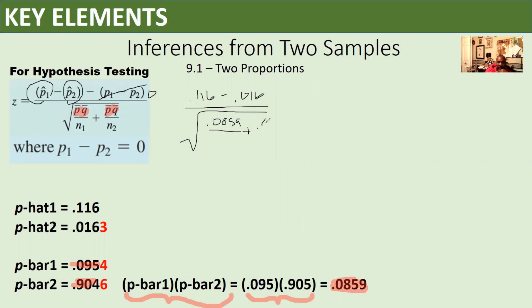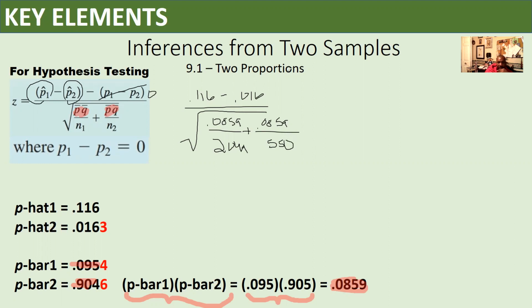Then we again have the 0.0859. N sub 1, going back to that first problem, is our 2049. And then N sub 2 is our 550.